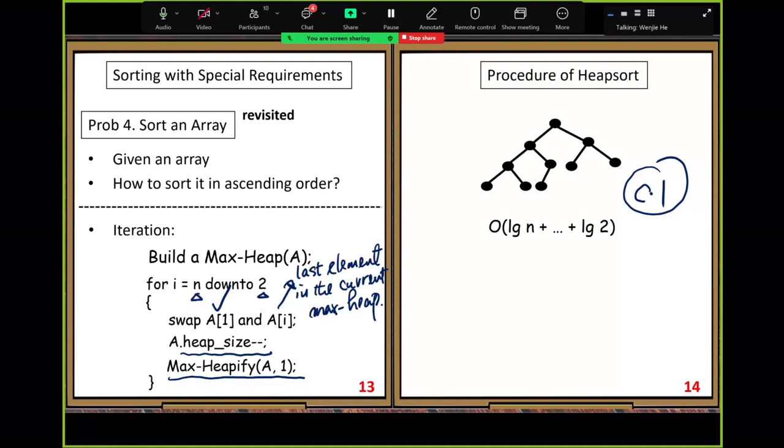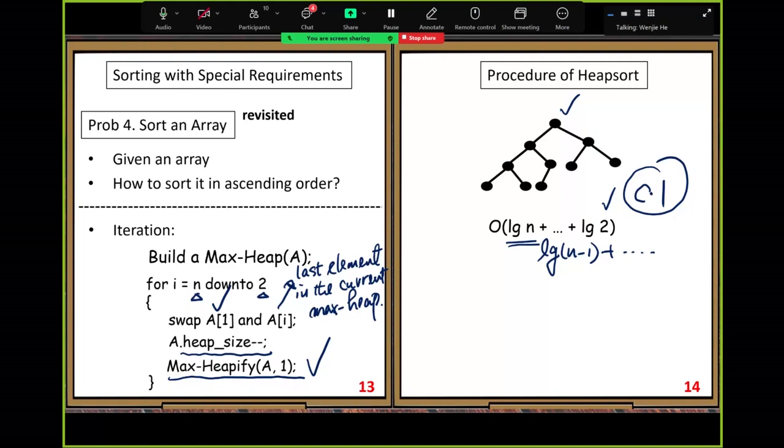Then the larger part is the max heapify operation, where you start from the root and reach the bottom. The cost expression is log base 2 of the number of elements in the current heap. The next one is log base 2 of n minus 1 and so on, and the last one is log base 2 of 2.